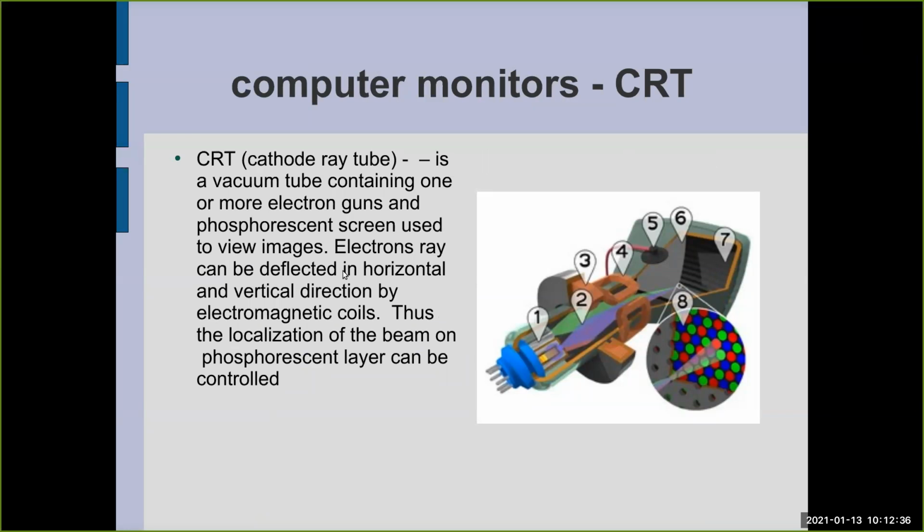Now I would like to tell you something about displays or monitors. I start from ancient or obsolete technology, but still some elements are still used in LCD displays or in OLED displays.